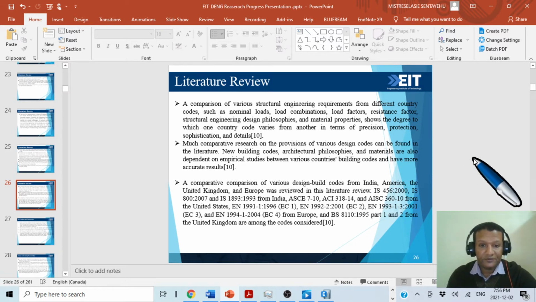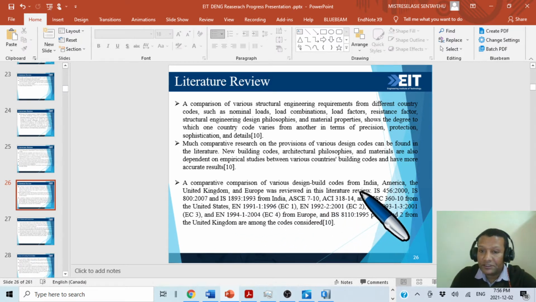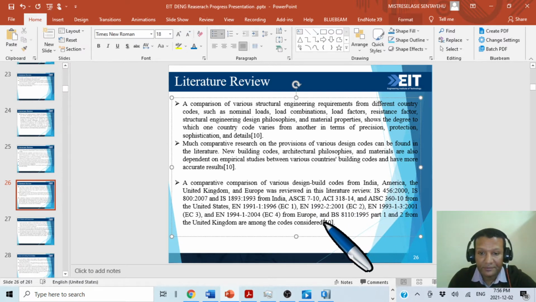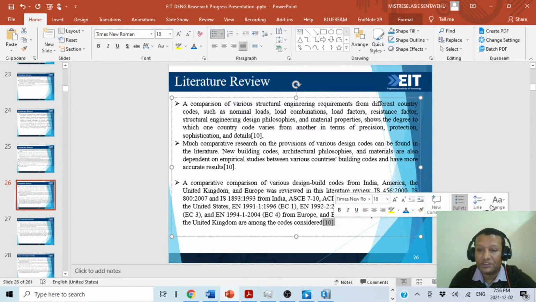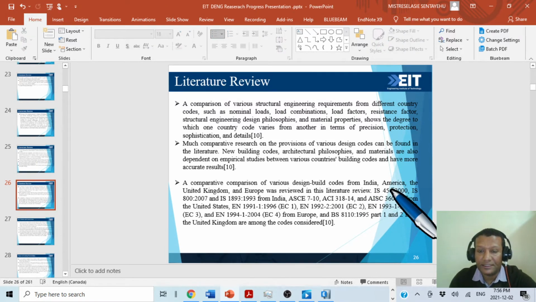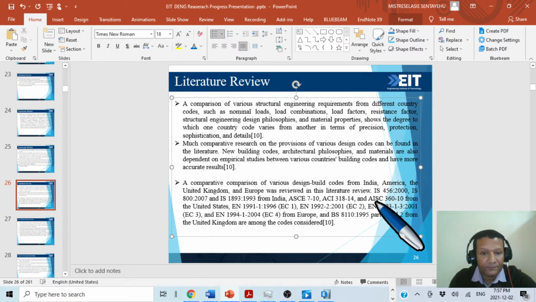The comparison of various design building codes, for example, Indian codes with American, United Kingdom, and European, was reviewed in this paper. He did an extensive amount of discussion about codes, the results, the outputs, economical aspects, the area of steel, the moment, shear, and all the member forces he compared.